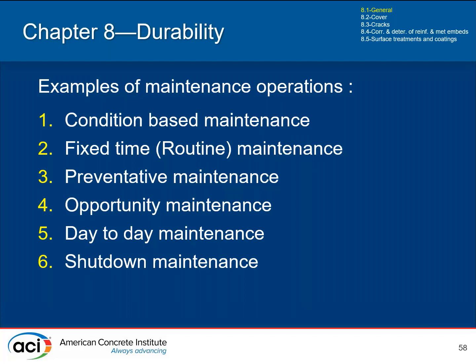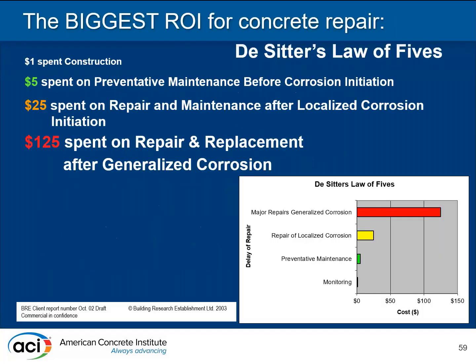And then the big issue is that from a code perspective, it doesn't require the licensed design professional to be responsible for the maintenance, but they are responsible for understanding and communicating to the owner what level of maintenance is to be expected to achieve the durability. So chicken and the egg, I don't know where that's going to go, but that's something that should be considered.